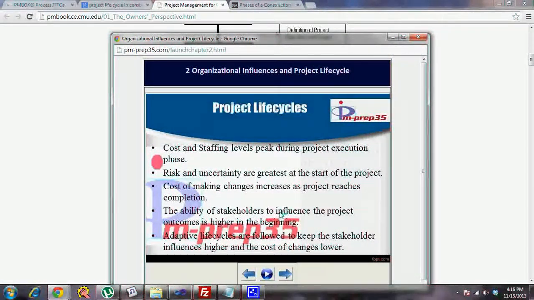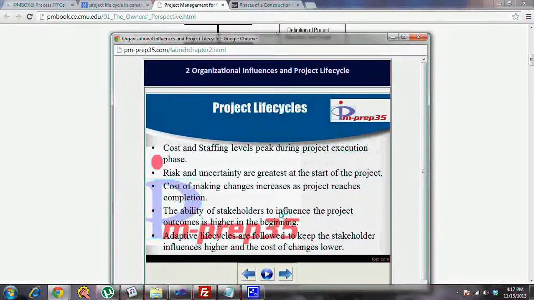Now when you look at the project life cycle, your project starts, you have a feasibility study, then you gather requirements. Once your feasibility study is successful, then you design, you develop, you test, and you deploy. So understandably, your cost and staffing levels peak during the project execution phase.